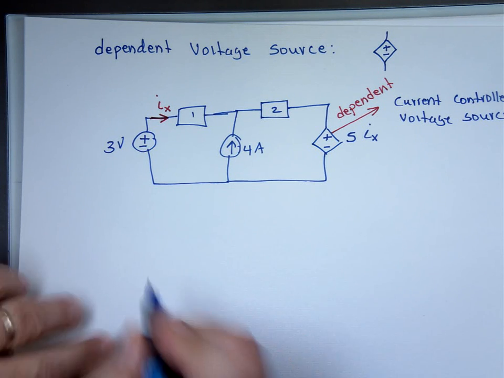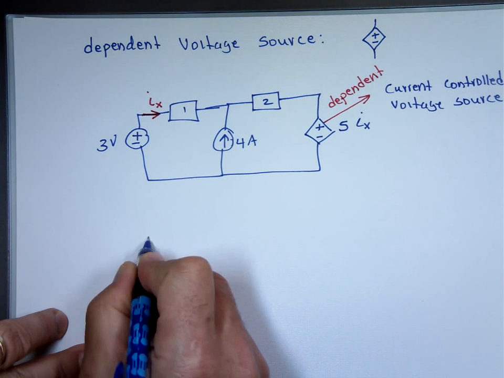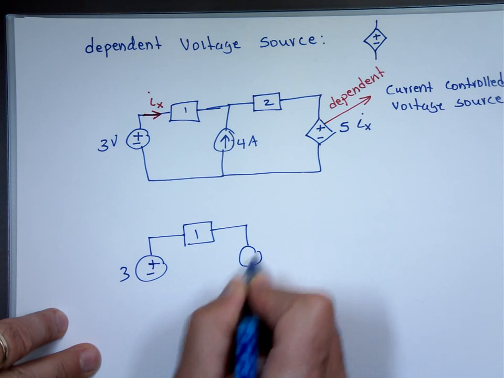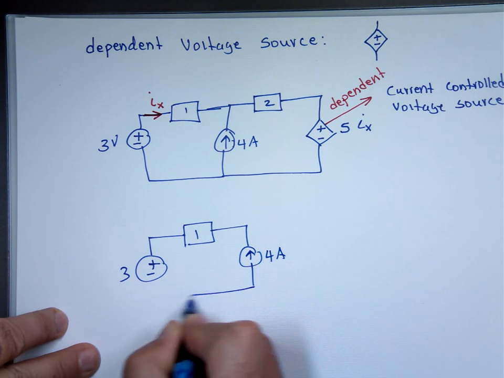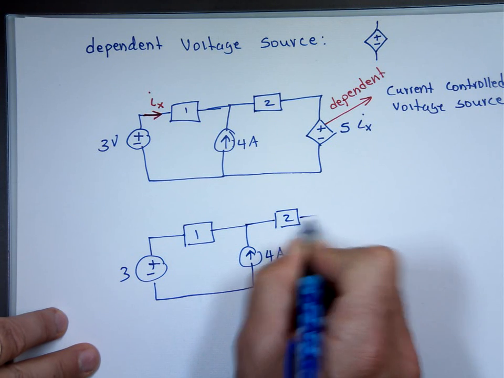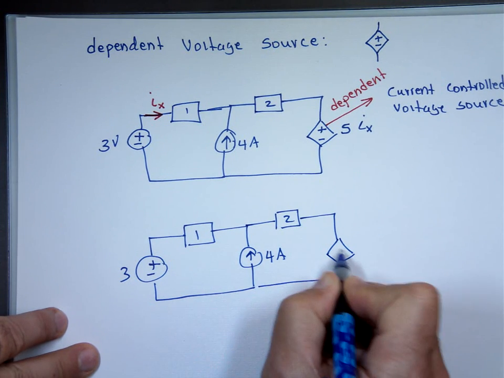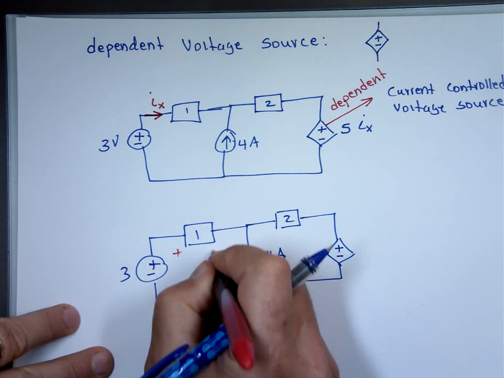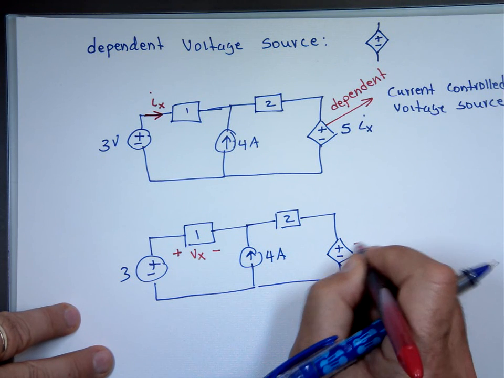Or I might have the same thing, and I might say, you know what, let's call this voltage here plus to minus Vx. And I want this voltage to be 7 times Vx.